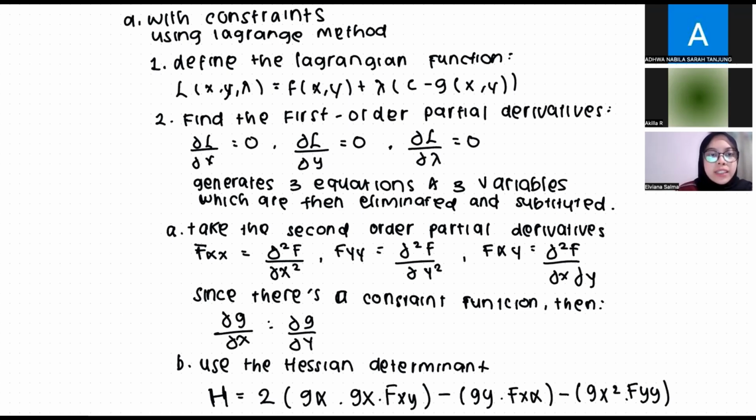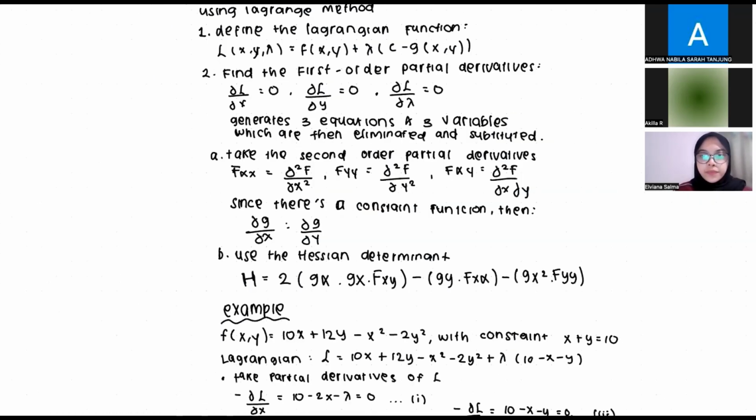Next, take the second order derivatives. f double x equals partial squared f over partial x squared, f double y equals partial squared f over partial y squared, and fxy equals partial squared f over partial x partial y.